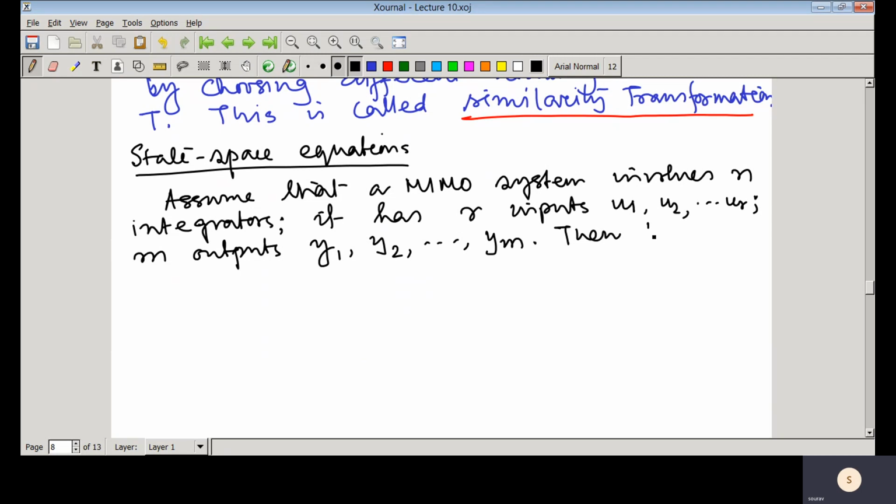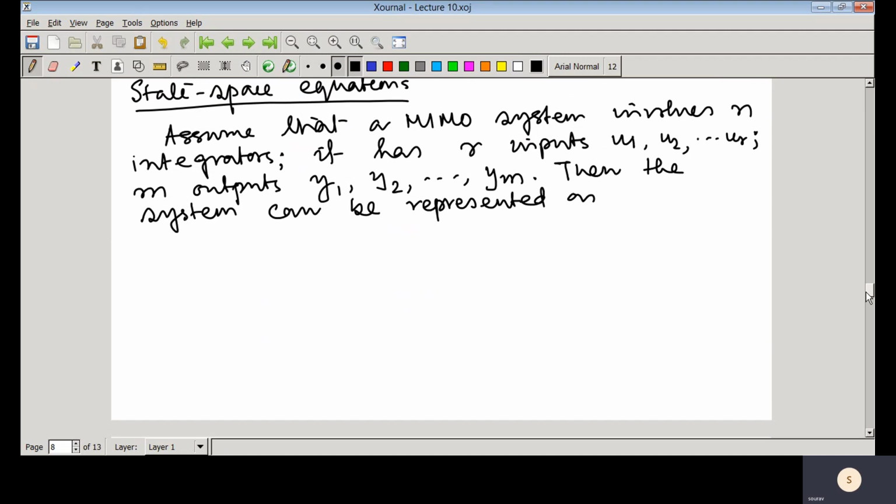So then the system can be represented as, so this is the general expression.